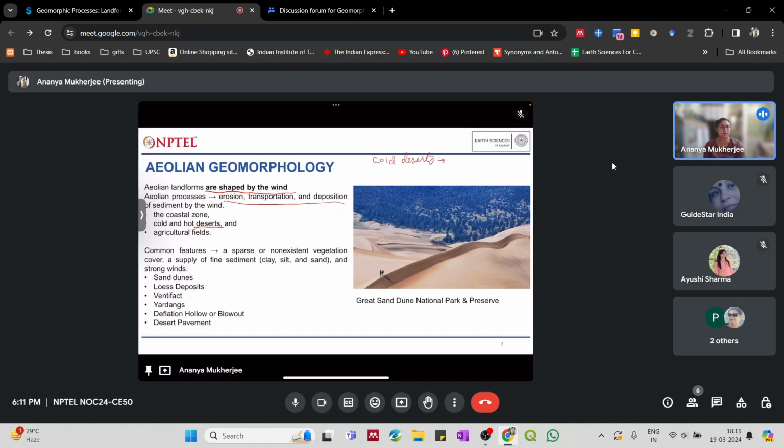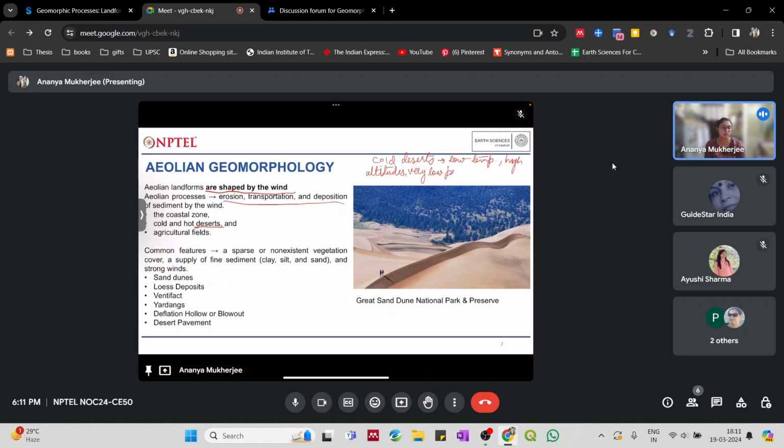The characterization of an area as a cold desert mostly entails low temperatures, high altitudes, and very low or almost absent precipitation in these areas.